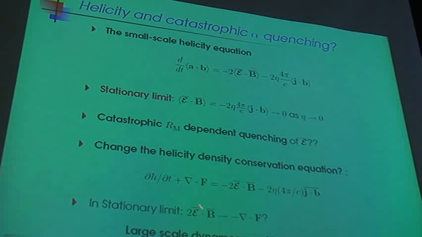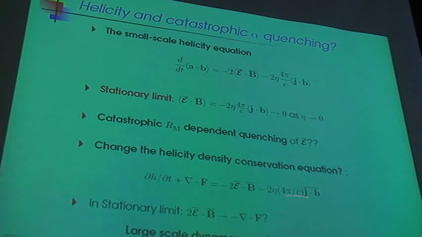But suppose you could sort that problem out, then you would be able to replace this equation, rather than integrating over all the volume in the universe, by some local conservation law, where I say there is a helicity density, its rate of change plus the divergence of a flux of helicity is sourced by source terms and sunk by sink terms.